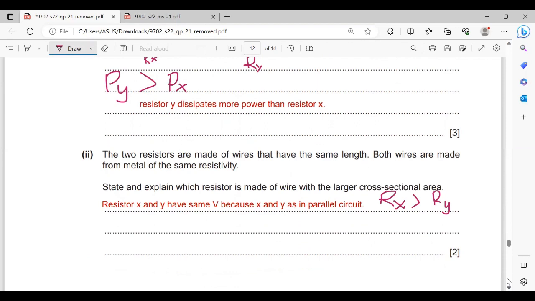And then it means Rx equals rho times L over Ax. This formula, it means we may rearrange it.